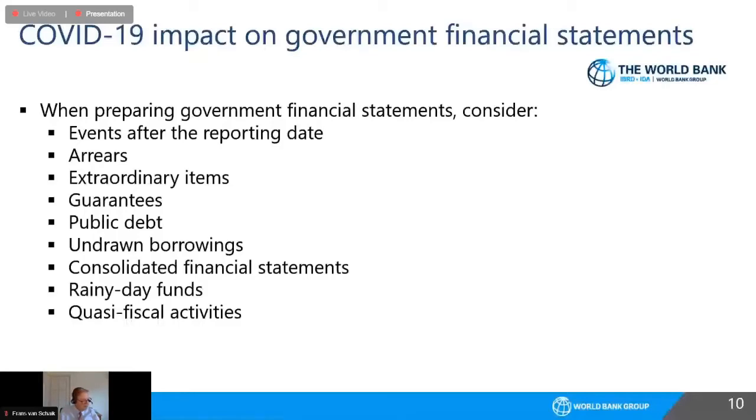We are trying to answer this question: is COVID-19 an adjusting event or a non-adjusting event in financial statements? In our opinion, if the year is ending in December 2019, for example, and you are now preparing the financial statements, COVID-19 did come up in 2019, but nobody really knew the seriousness, severity, and impact of COVID-19 at that point of time.